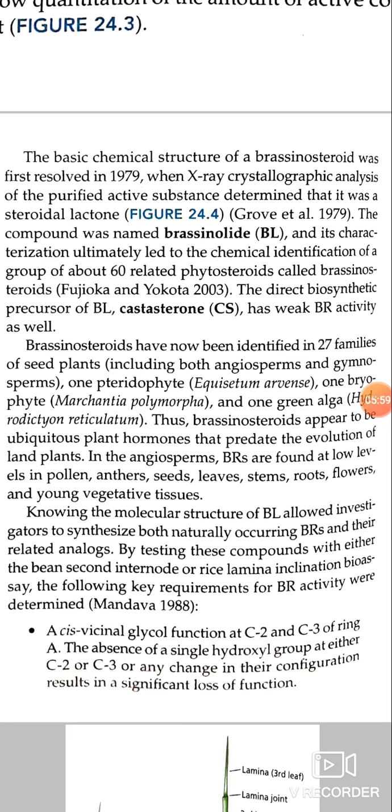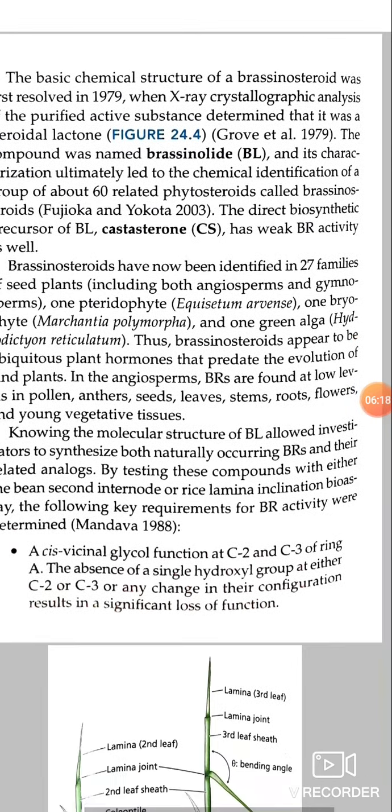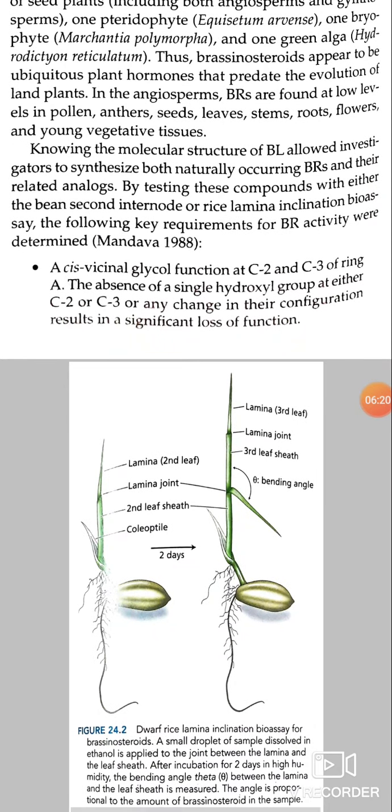First is a cis-vicinal glycol function at C2 and C3 of ring A. The absence of a single hydroxyl group at either C2 or C3, or any change in their configuration, results in a significant loss of function.